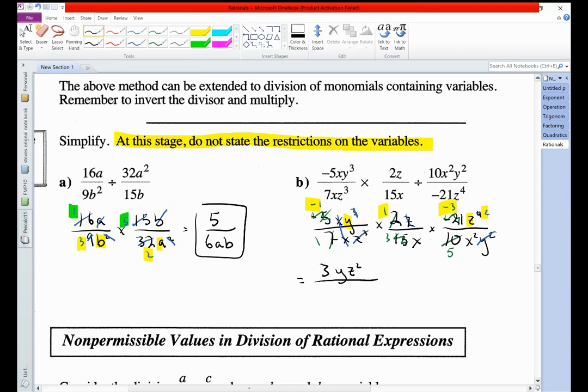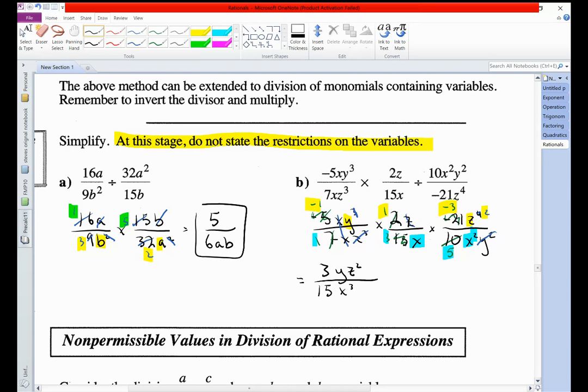In the bottom, I have 1 multiplied by 3x multiplied by 5x squared. So 1 times 3 is 3, multiplied by 5 is 15. And then we have x multiplied by x squared is x cubed.